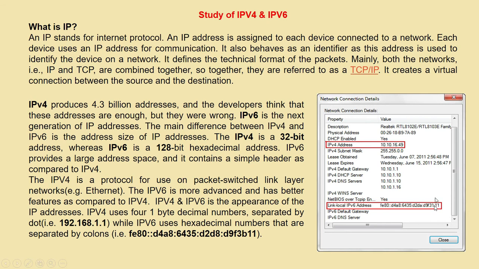So here you get the idea that IPv4 is partitioned with dots into four sections, and v6 is partitioned with colons. By the network connection details you are able to see both the v4 address and the v6 address.